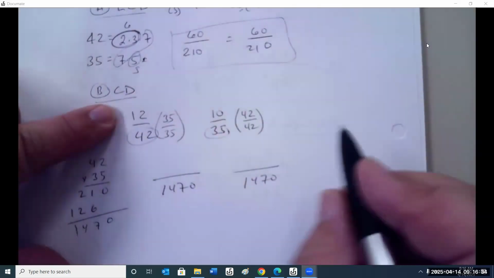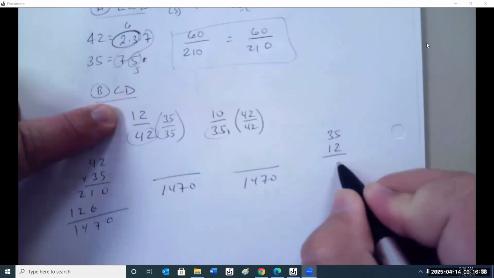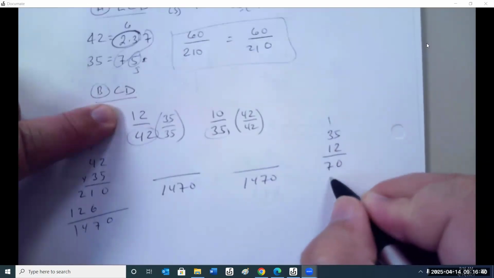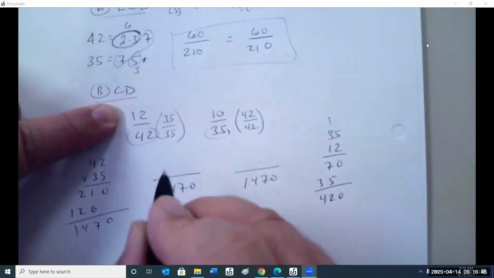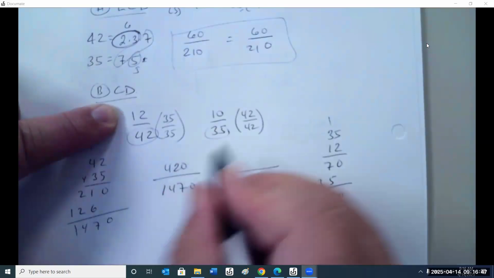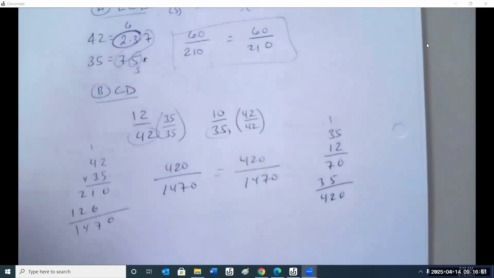All we have to do now is multiply the top. 35 times 12. This is 420. 42 times 10 is 420. So they're equal.